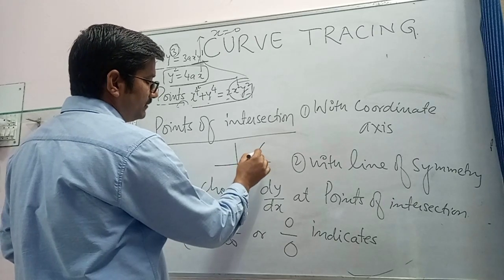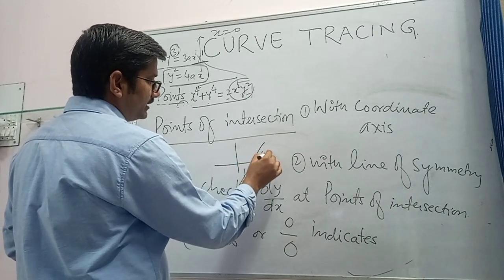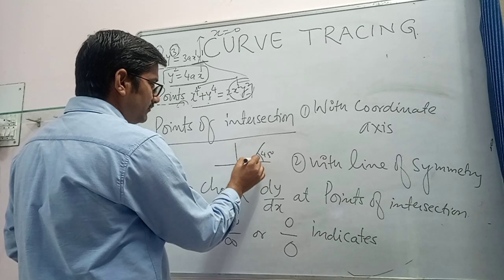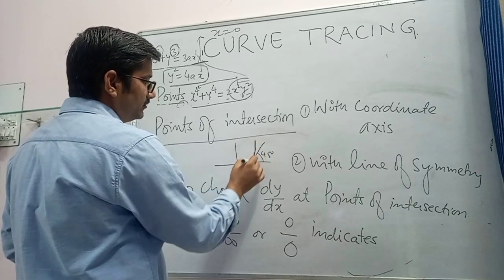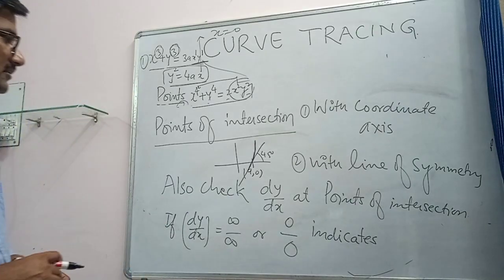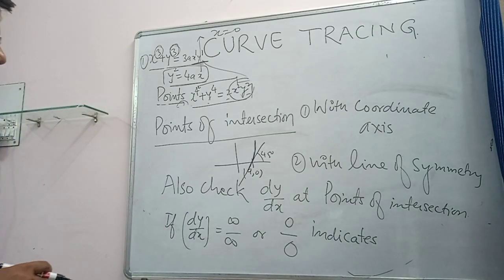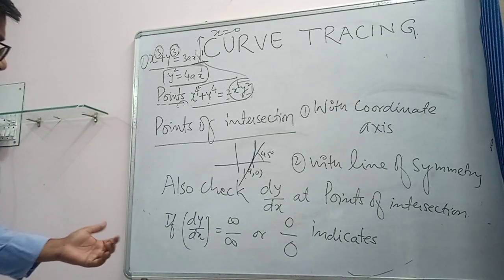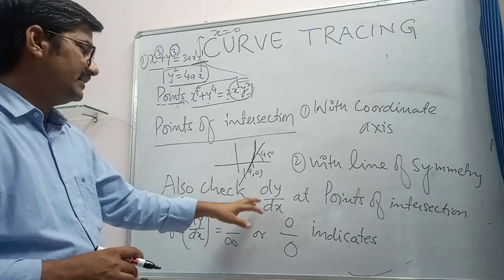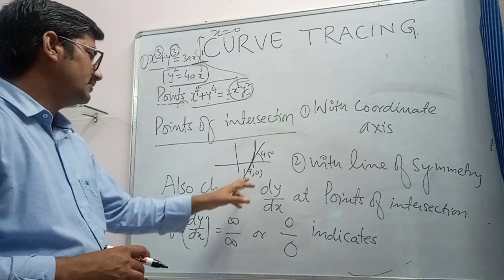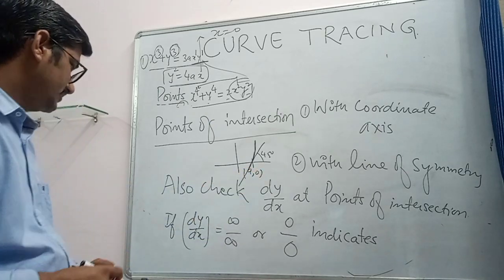It means the slope of the tangent is 45 degrees. So the curve will move in this direction. At this point, the curve will move in this direction. Okay. So to test the slope, we must find dy by dx necessarily at this point of intersection.